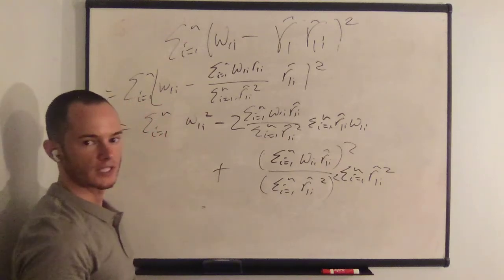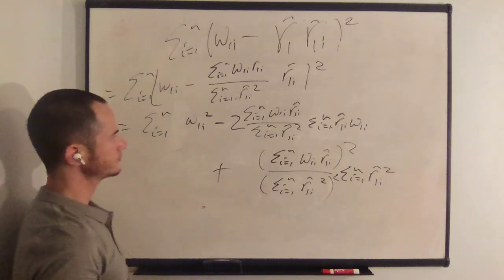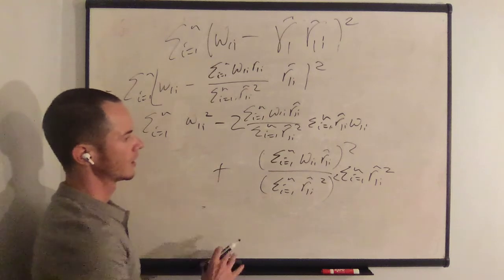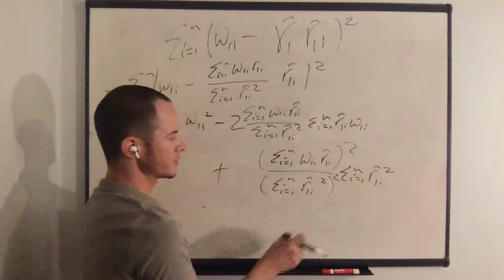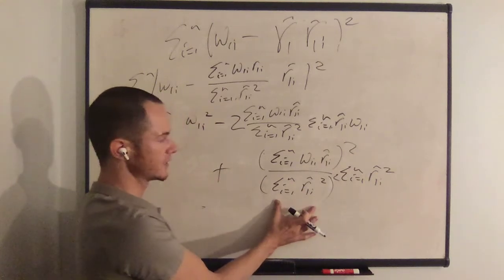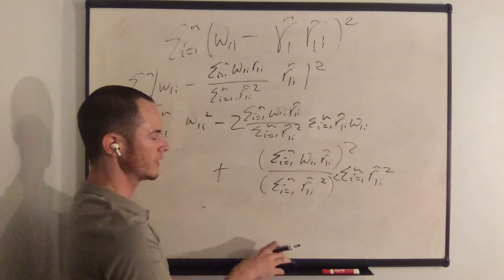Now some things are going to cancel. This cancels because you have 2 of these in the denominator and 1 of them in the numerator.